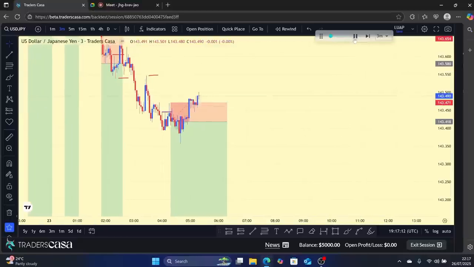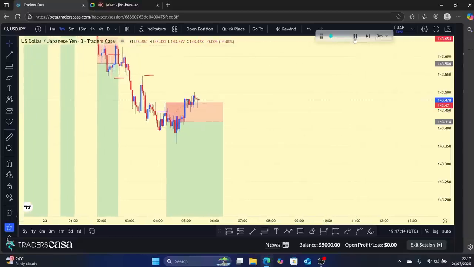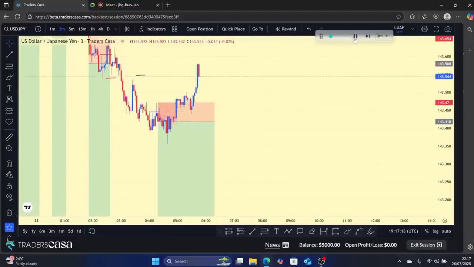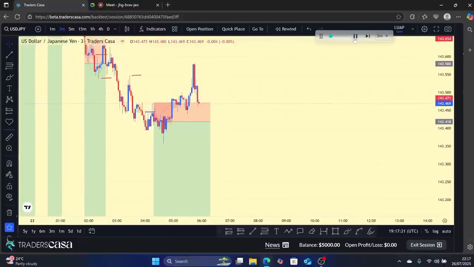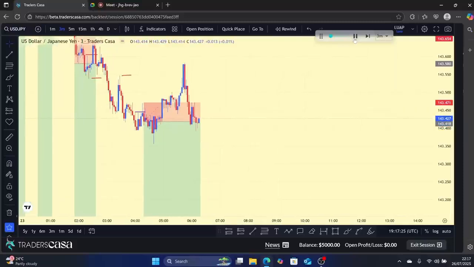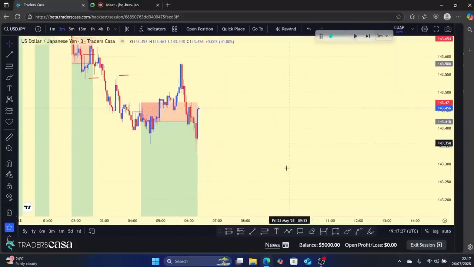So right now I will not do anything until price makes a change of character. All right, so price does that, and later price makes that change of character to the downside. You can clearly see exactly right there.